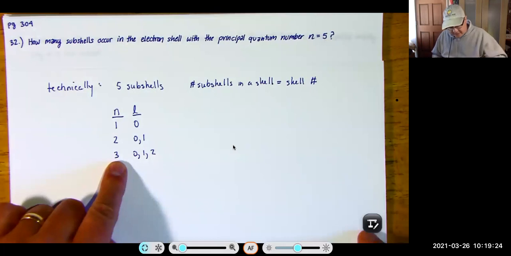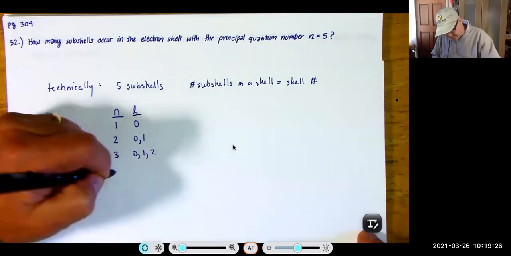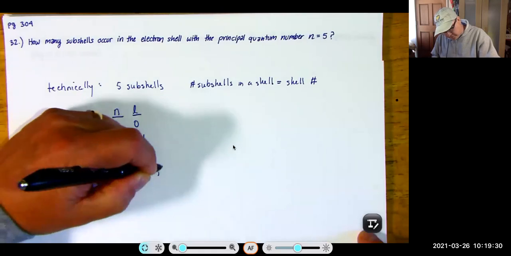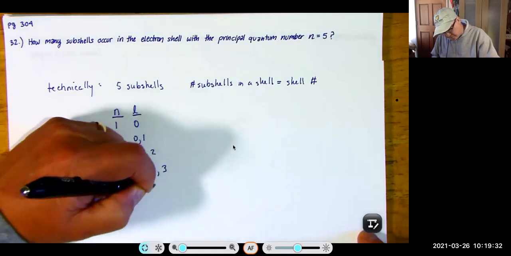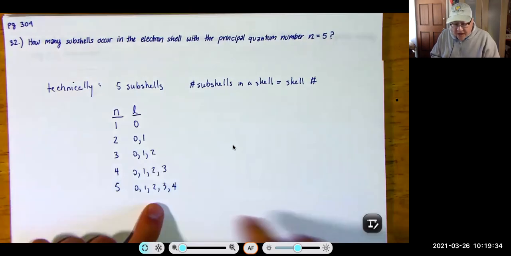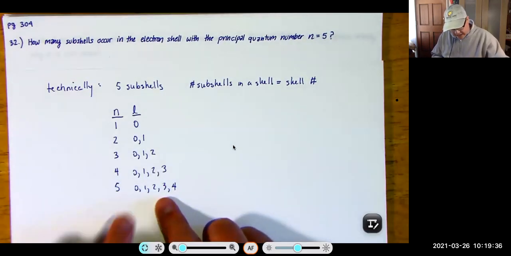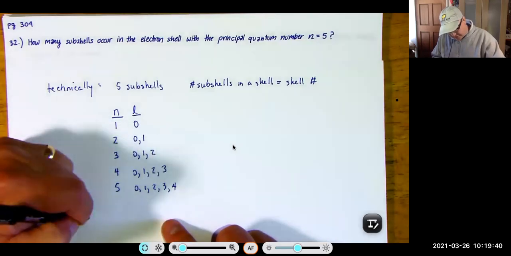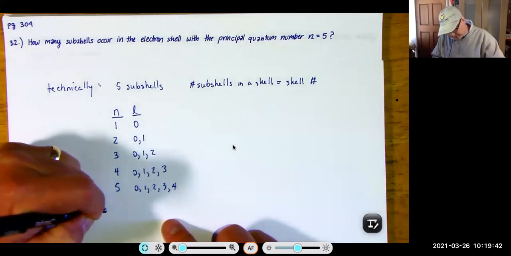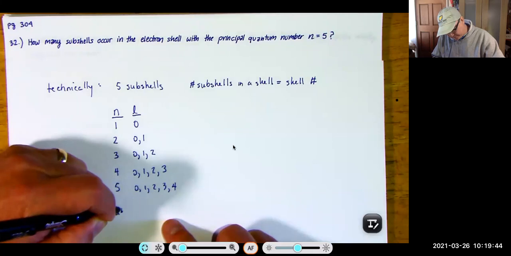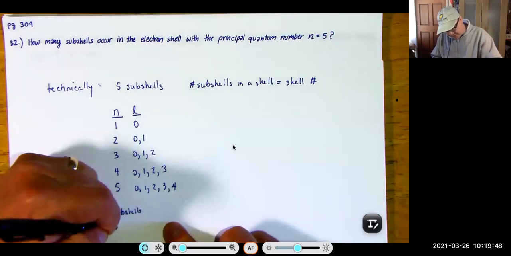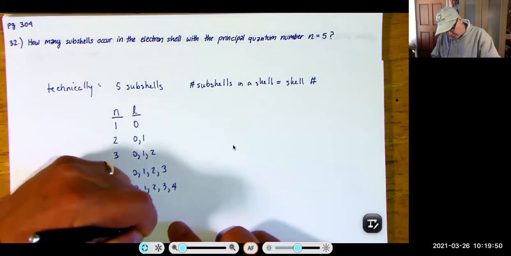So technically, for the 5th shell, there's 5 subshells. Now, really, there's 4 subshells, and it's going to be 5, 0, 1, 2, 3.